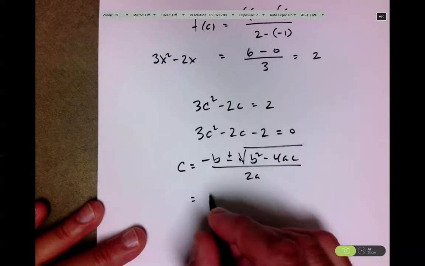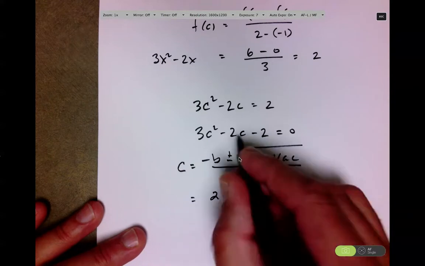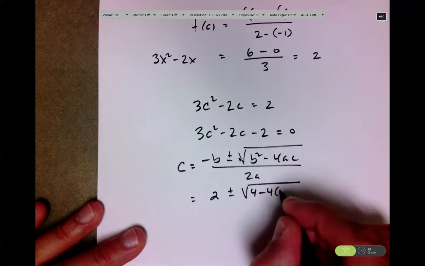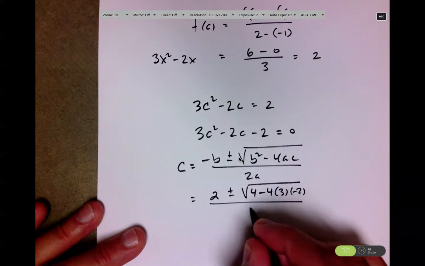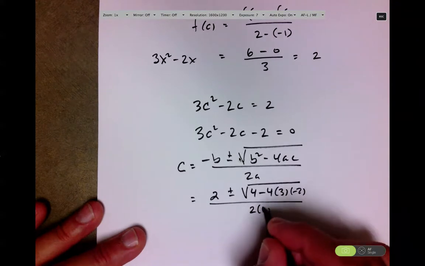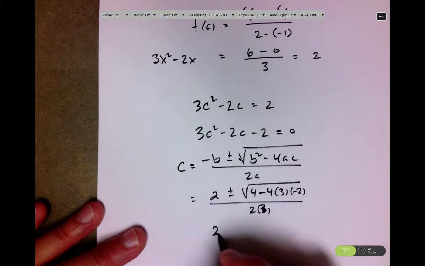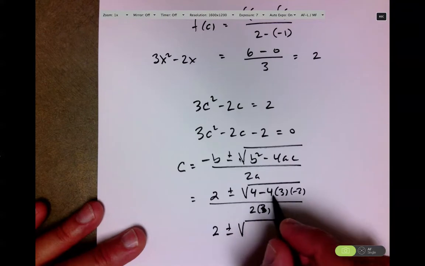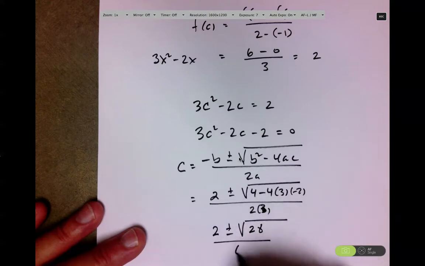So negative b is negative negative 2, or 2, plus or minus the square root of b squared, which is 4, minus 4 times a, which is 3, times negative 2, divided by 2 times 3, which is 6. So we get 2 plus or minus the square root of 4 plus 24, which is 28, all divided by 6.